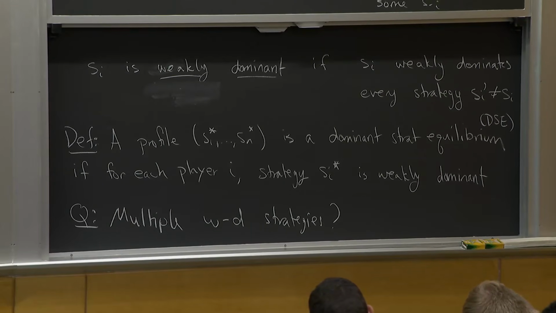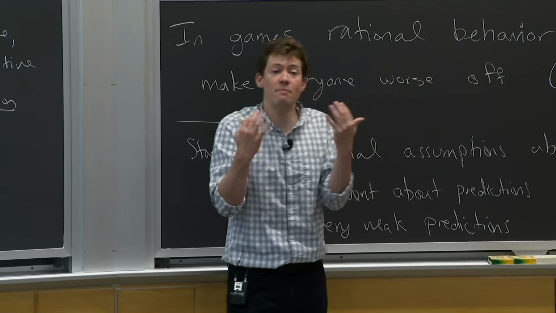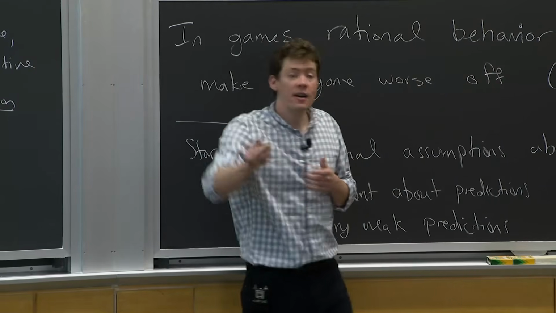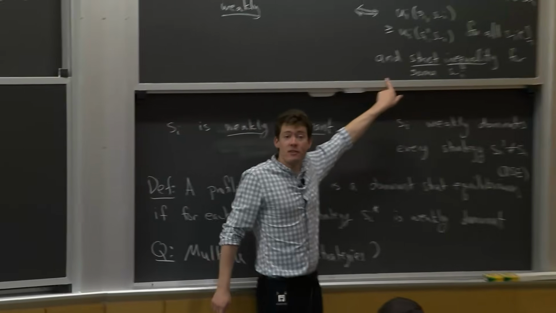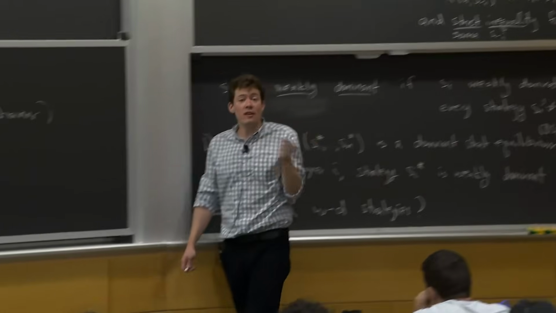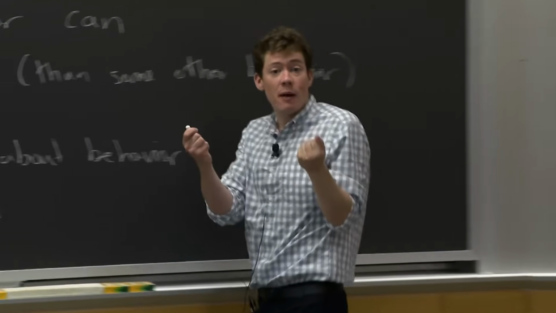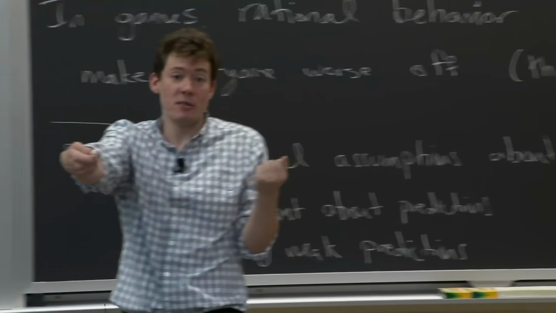Okay, so what you have in mind is what if there's two strategies that give me exactly the same payoff however my opponent plays? Now we have to be really careful. The key thing, though, is this part of the definition. If we didn't have this part of the definition, we could have two strategies that were both weakly dominant because they give the same payoff however the opponents play.